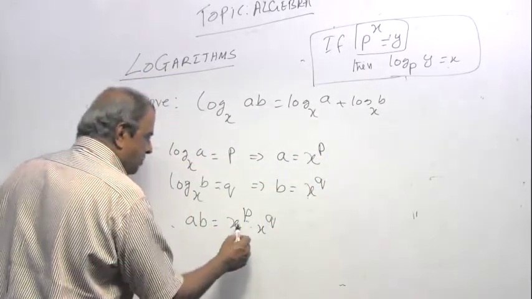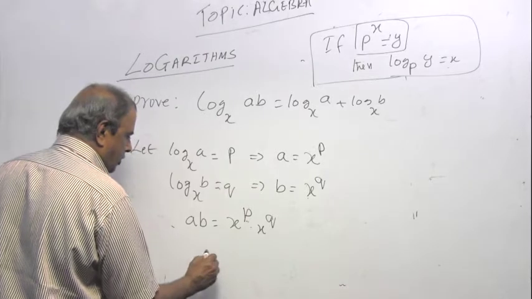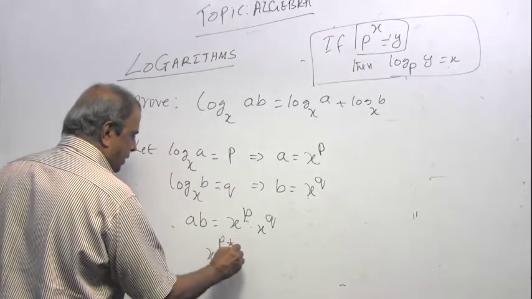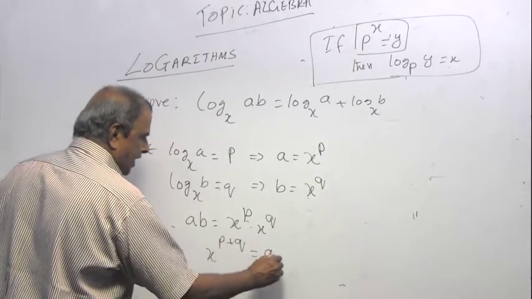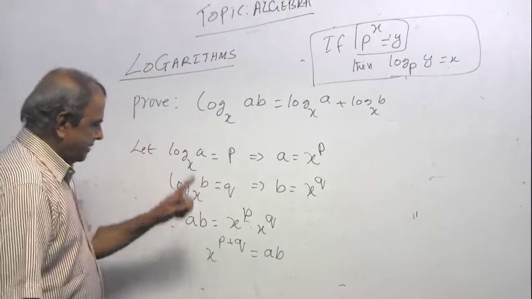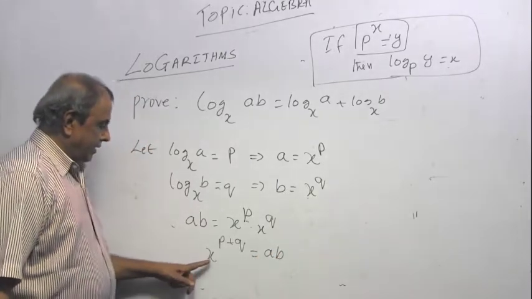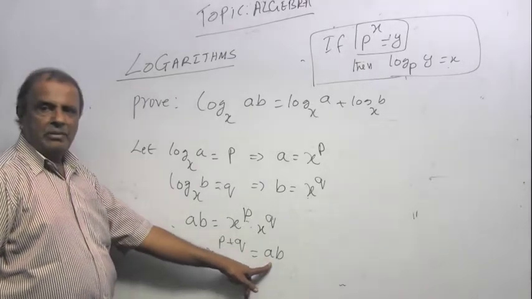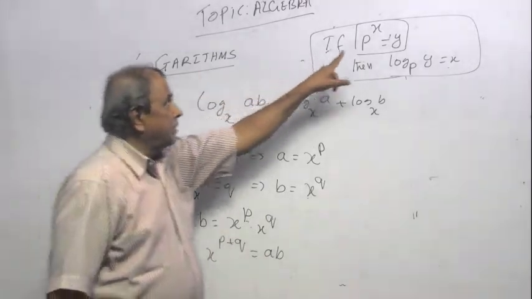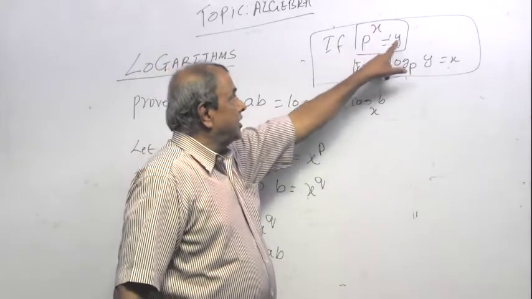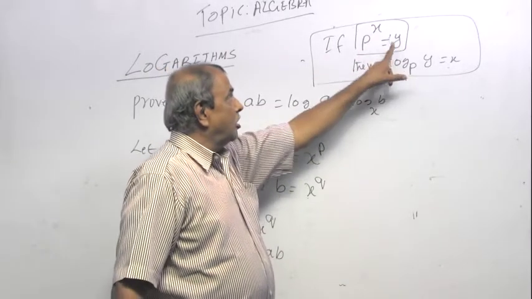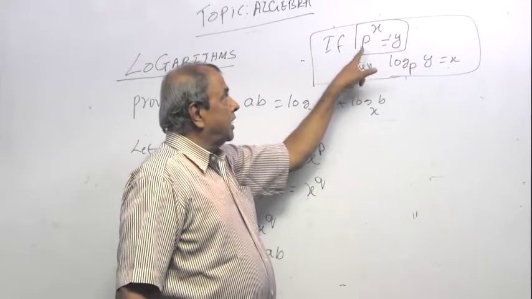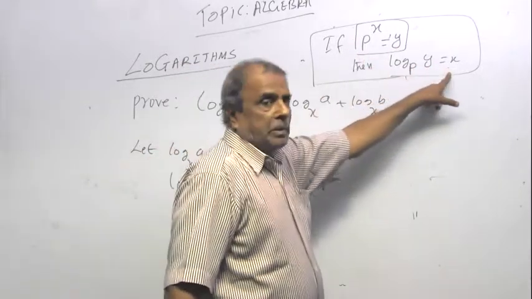So, what is x power p times x power q? Can I say x power p plus q equals ab? Meaning, now, the number x raised to a power is the answer. So, remember, number p raised to power x is the answer y. So, logarithm of the answer y to the number p is equal to the power.